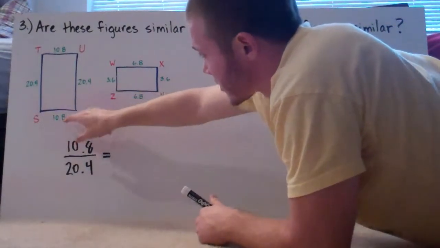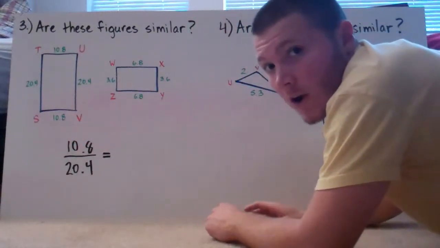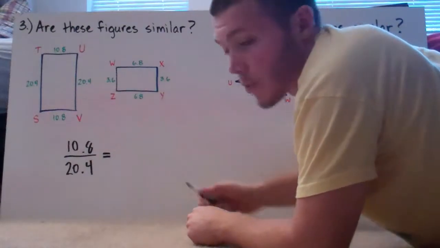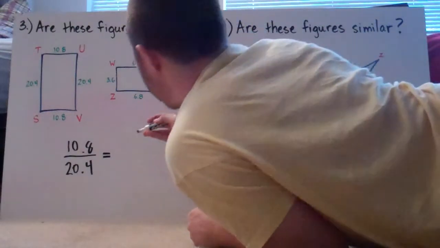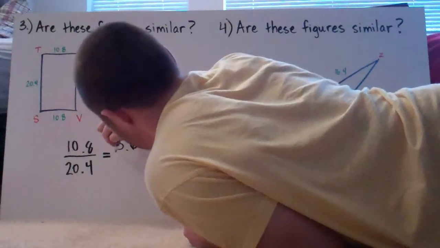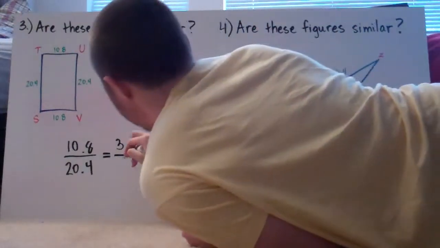Those are the two short sides. So these two side lengths are corresponding. Since 10.8 is on top, and it corresponds to 3.6, I'm going to put 3.6 on top, and then underneath that, I'm going to put the 6.8.